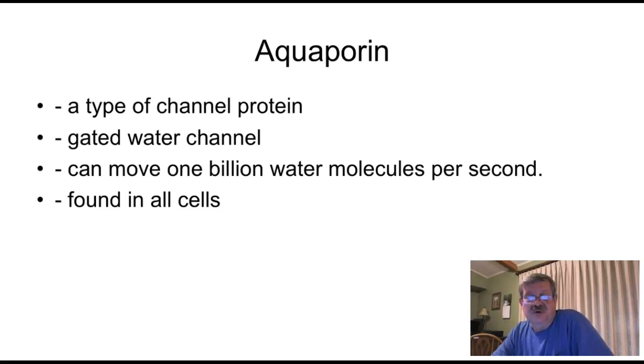And these aquaporins, these channel proteins that move water, are found in all types of cells. They're found in bacteria, in us, in animals, in plants, fungi. So across the whole spectrum of life, these aquaporins are the main means by which water is moved into and out of the cell. So that wraps us up for this section 5.3.